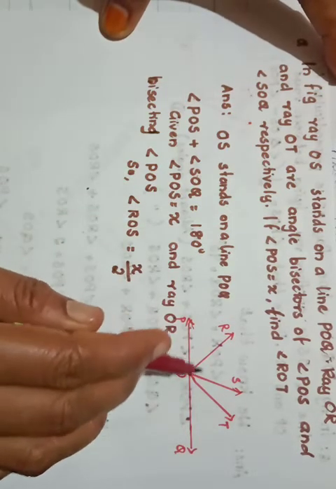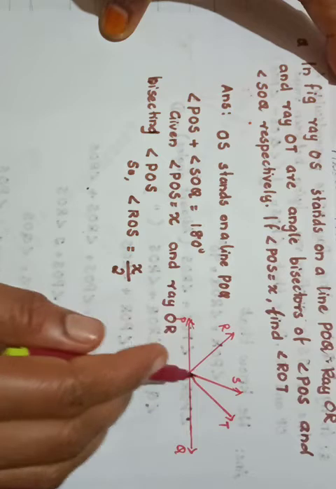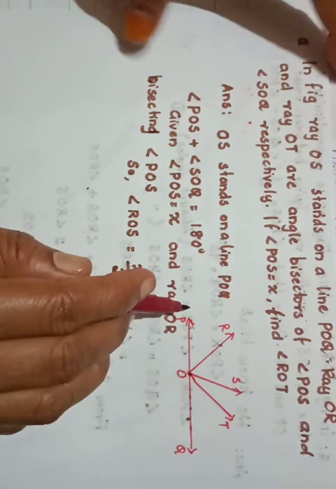So whatever be the measure of angle POS, ROS and POR will be half of that.